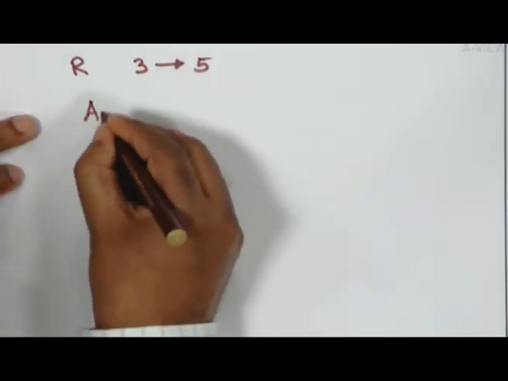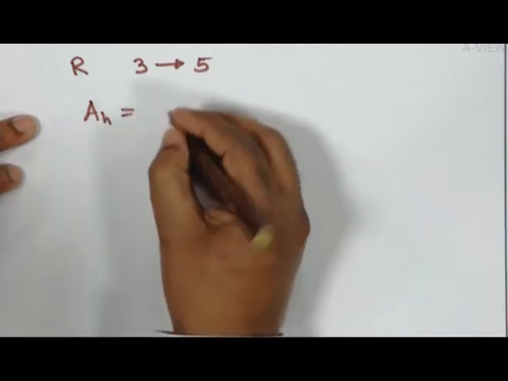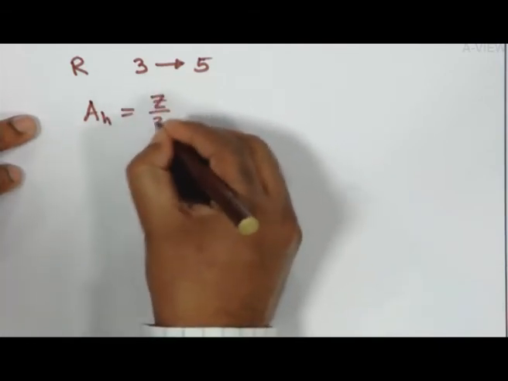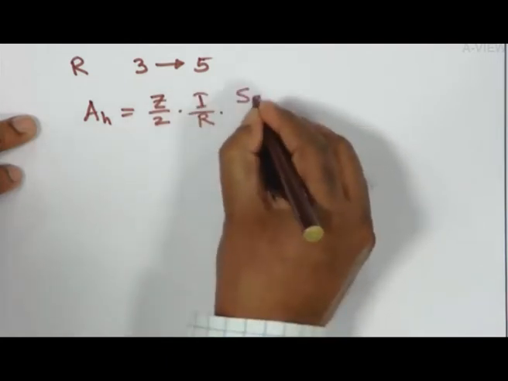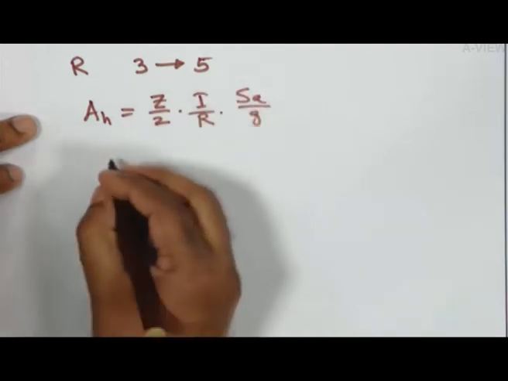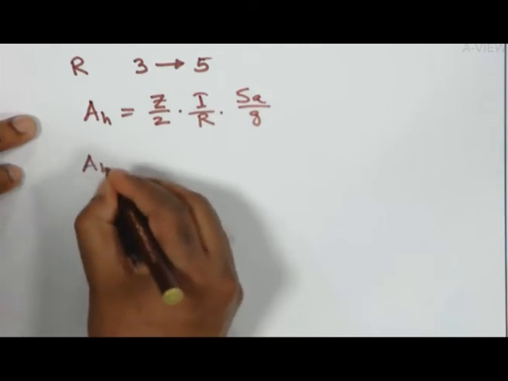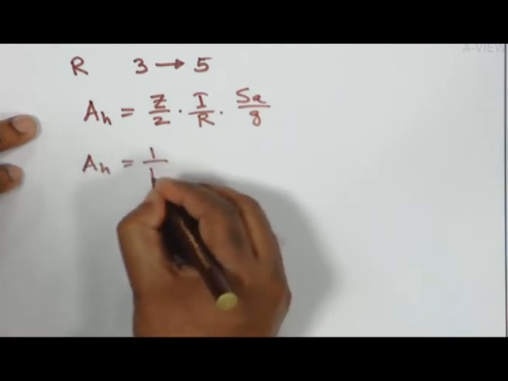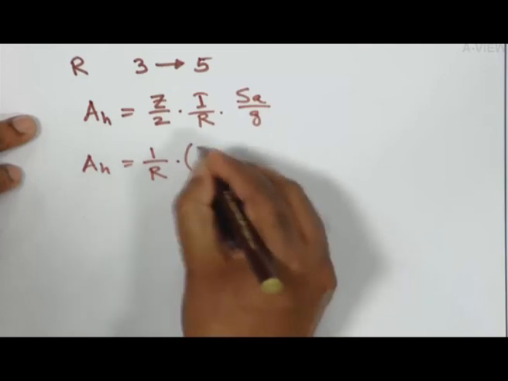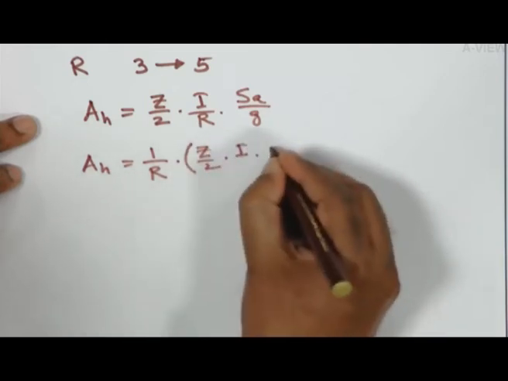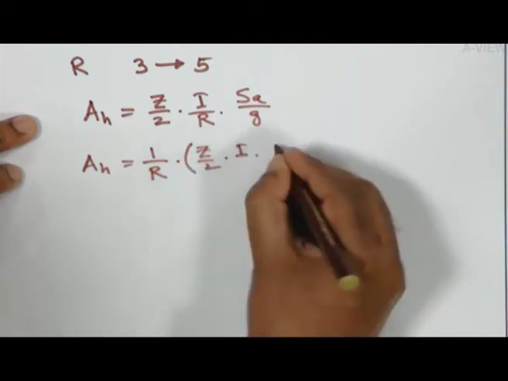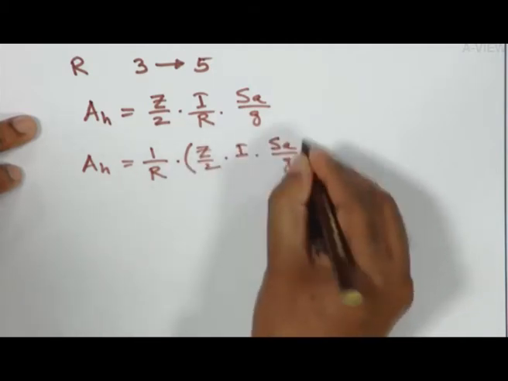So Ah equal to Z by 2, I by R, Sa by g. Let us write it like this, Ah equal to 1 by R, Z by 2 into I into Sa by g. This is one parameter.